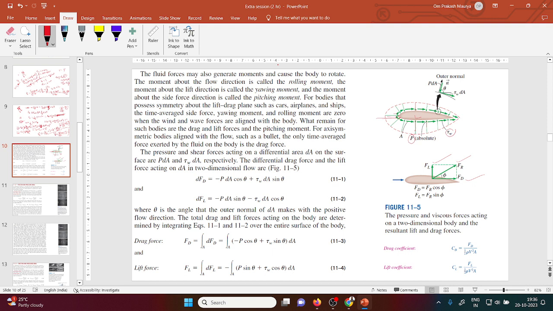These depend on the orientation of the body, like the angle of attack, and how the water or air acts on your body. This will decide whether the lift force or the drag force dominates. We'll see in the coming slides.